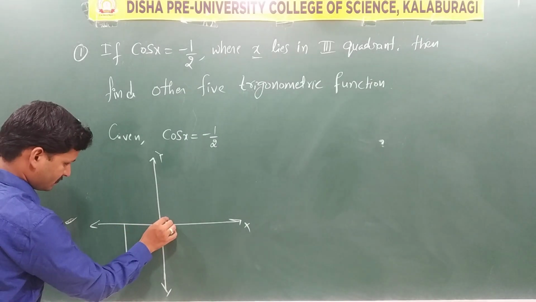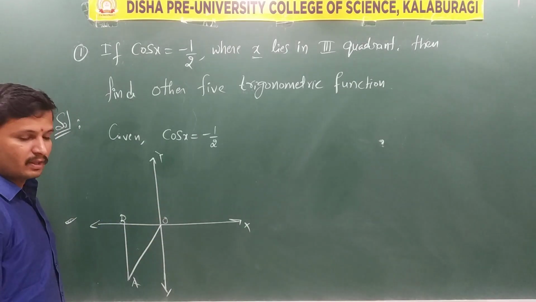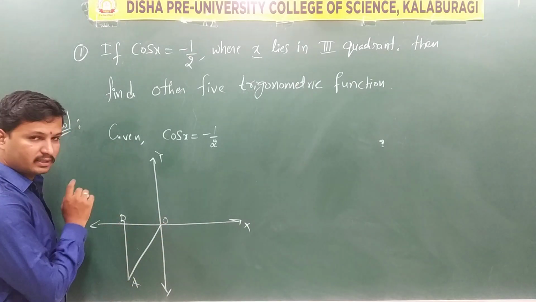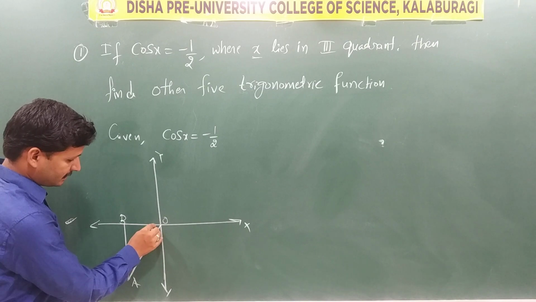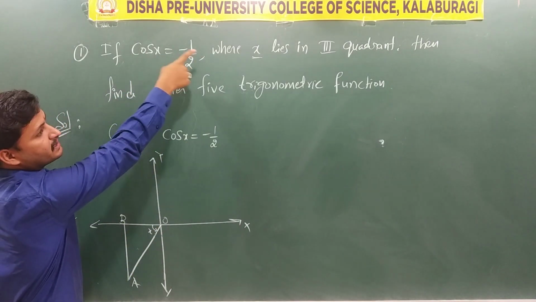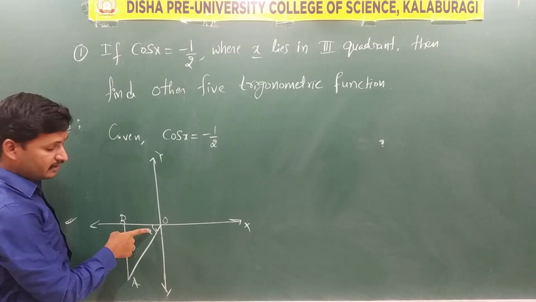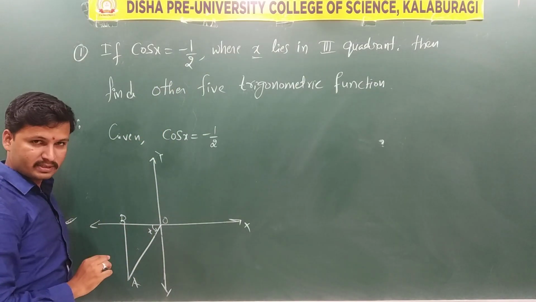Suppose this is the origin O, this is A and this is B, triangle OAB. Here angle x lies in the third quadrant, so x is the angle, it rotates in the anti-clockwise direction.